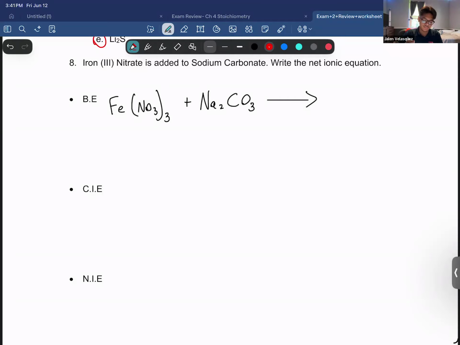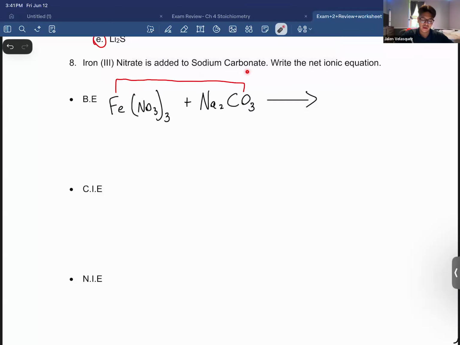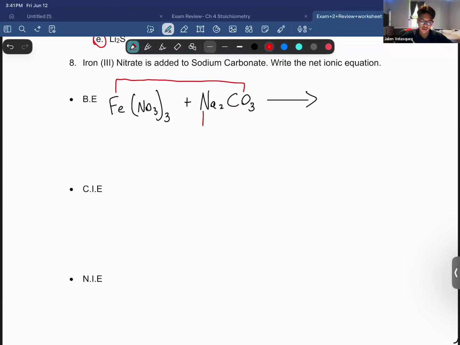The cations and anions are going to flip. Iron is going to go with carbonate, outside with outside, this cation swaps with this anion, and then again this cation with this anion, the insides with the insides.